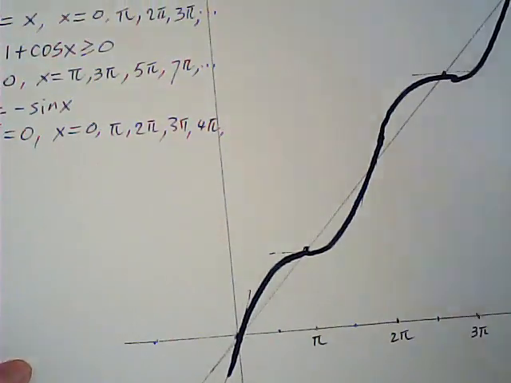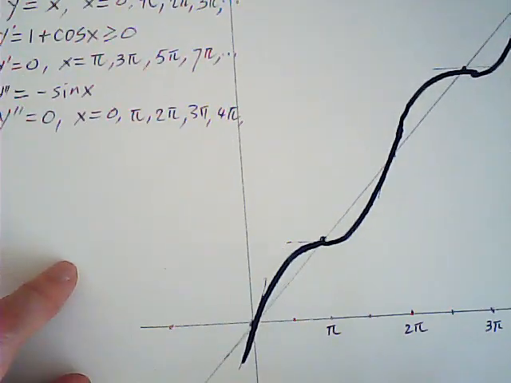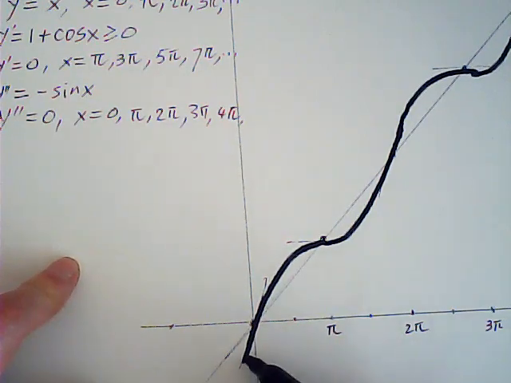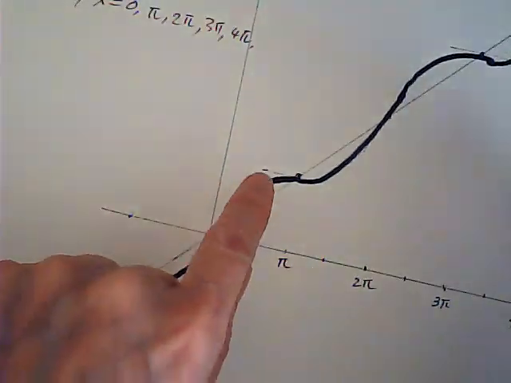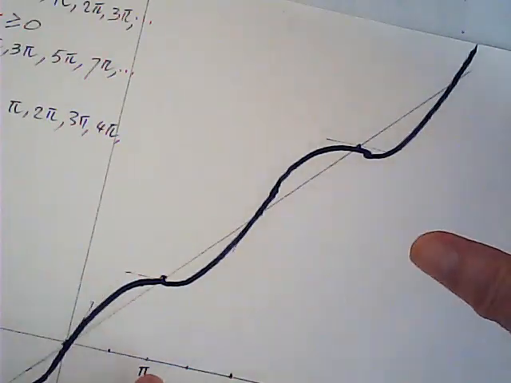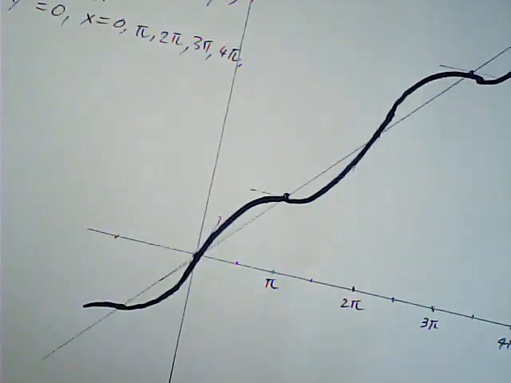Yeah, so that is a sine curve. Then symmetric to the origin, that means you rotate the curve 180 degrees and you get the other half.